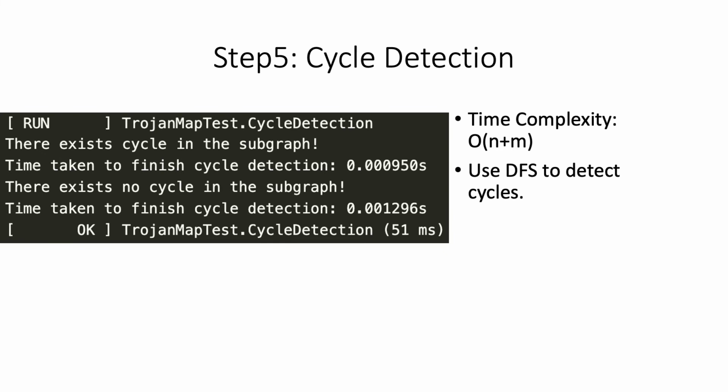It is just the total number of edges and nodes in the graph, because we need to traverse all the nodes and edges. And in this figure, you can see that there are two tests for this task. The first test shows that there exists a cycle in the subgraph, while the second test shows that there exists no cycle in the subgraph.